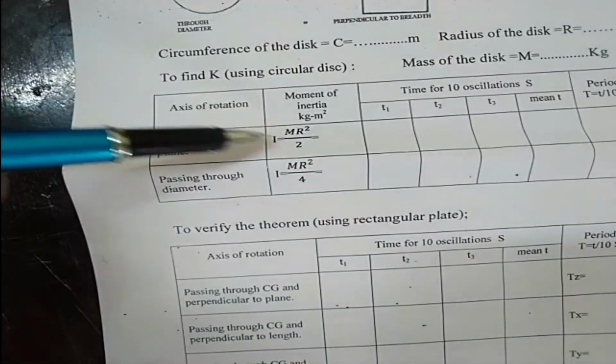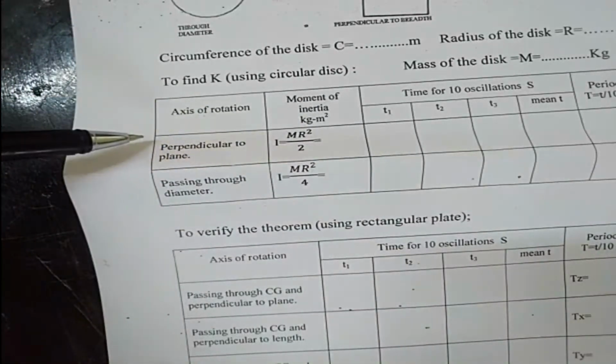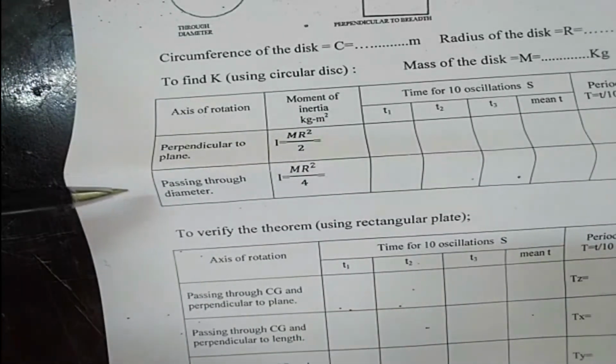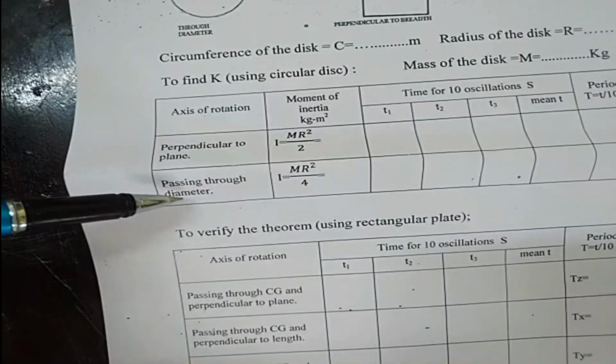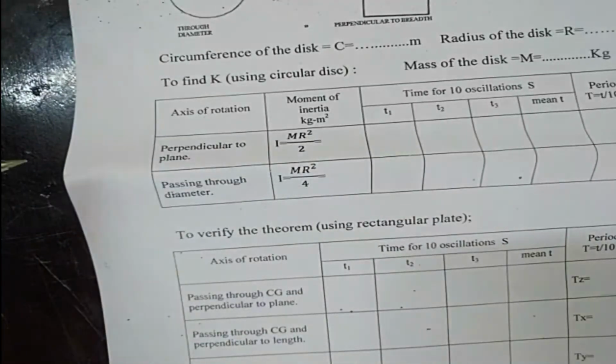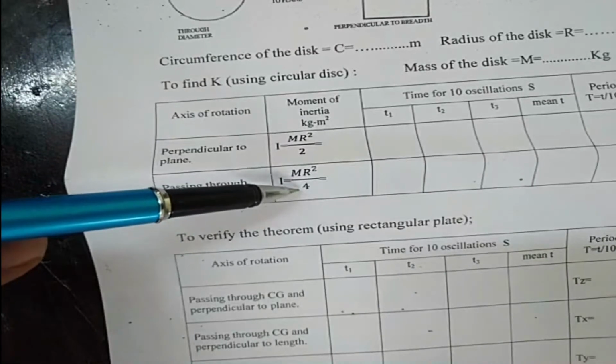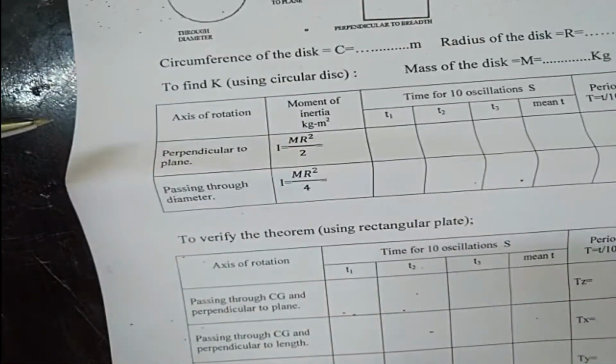This is the standard equation for a circular body when the axis is perpendicular to the plane. Similarly, in the second case, when the axis is passing through the diameter, the moment of inertia I is given by mr square by 4. That is the difference here. It is divided by 2 here, and divided by 4 there. These are the standard equations for circular bodies in two different axes.